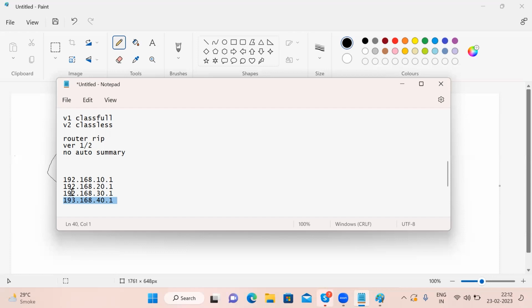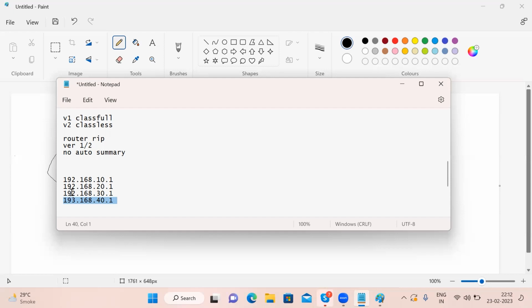Similar networks, how you can define them: you guys have already done the subnetting, right? In subnetting, what you have done is create a single major network into multiple small networks.